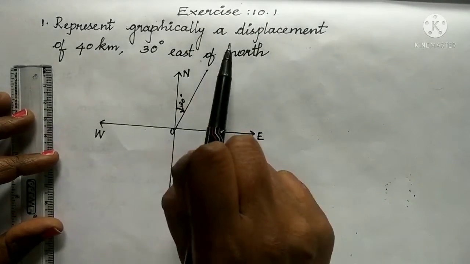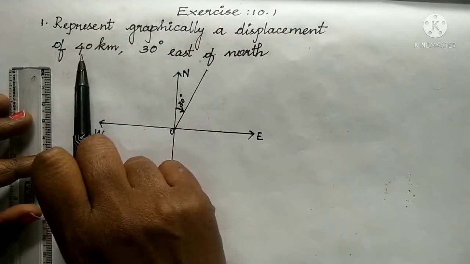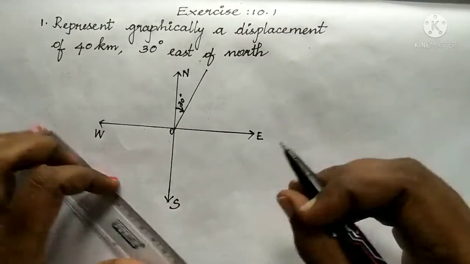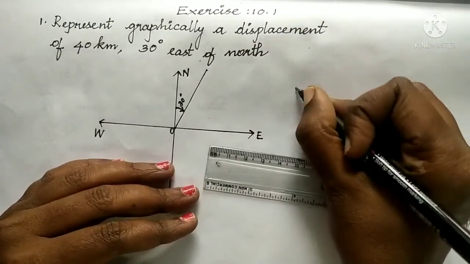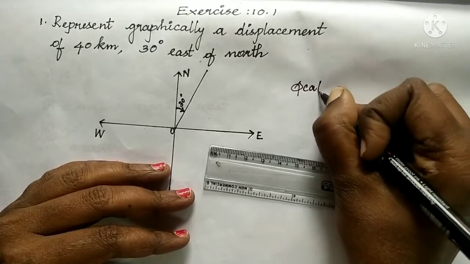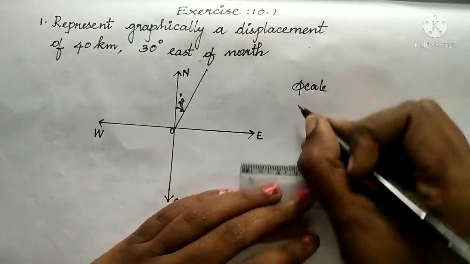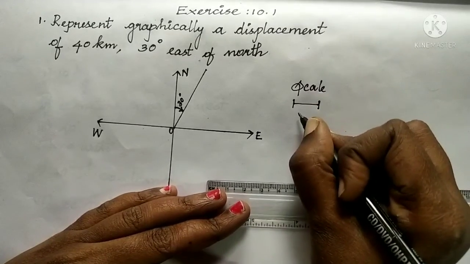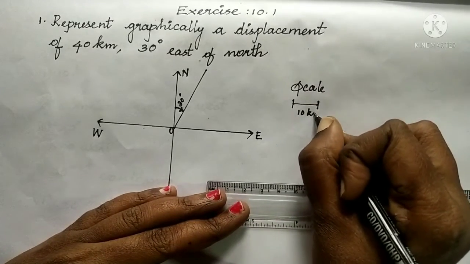Now we are going to mark the displacement of 40 km. So we are going to take the units as scale. 1 unit represents, this will be 1 unit, and this is 10 km.